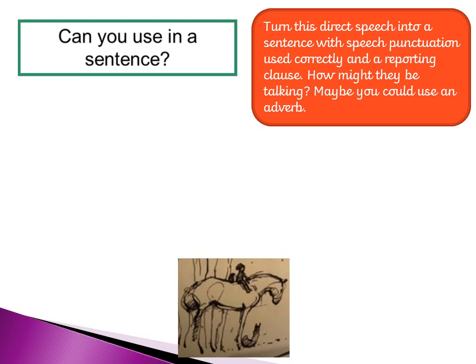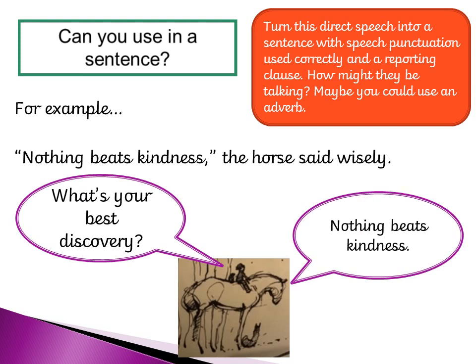So let's see if we can use our knowledge to write a sentence. You are going to see in a second some speech bubbles, and those speech bubbles obviously are what is said by the characters. You are then going to turn that into a full sentence using speech punctuation correctly and the reporting clause to tell us who said it, how they have said it as well.